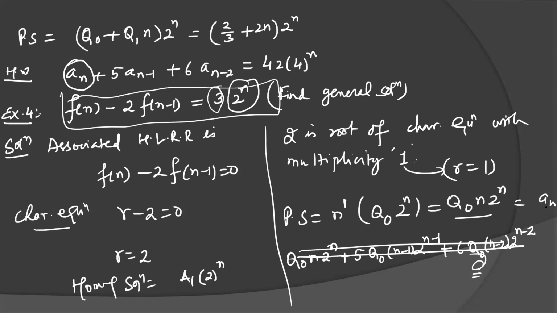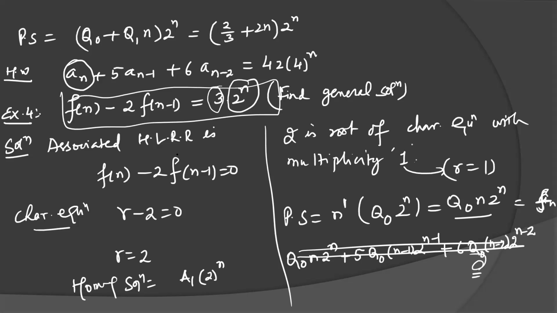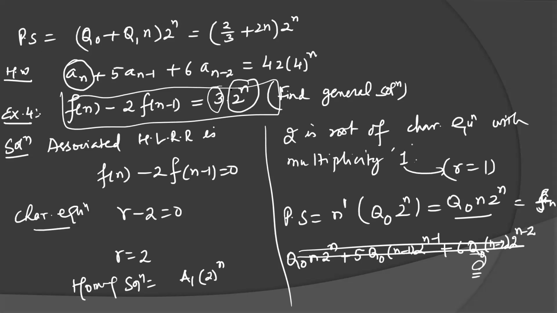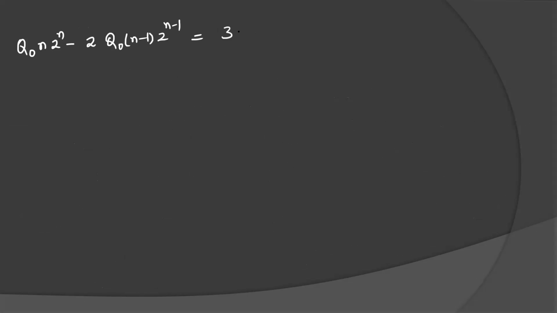So it will play the role of Fn here. So Fn is q0 n into 2 to the power n. So q0 n into 2 to the power n minus 2 Fn minus 1, q0 (n minus 1) 2 to the power n minus 1, equal to the right hand side, which is 3 into 2 to the power n.